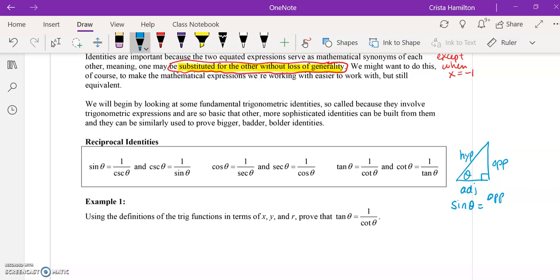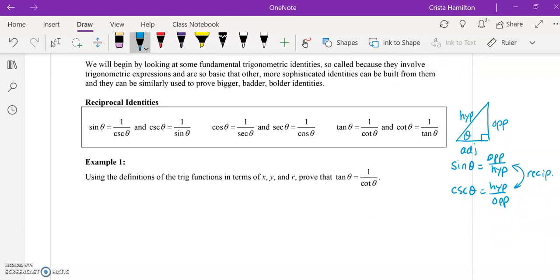So sine is opposite over hypotenuse. Cosecant of theta is hypotenuse over opposite, and you'll notice that they are reciprocals of each other. And so these are relationships between trig functions that we do want to memorize. And this 1 over just means reciprocal.